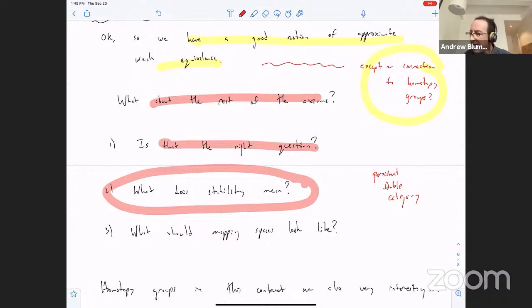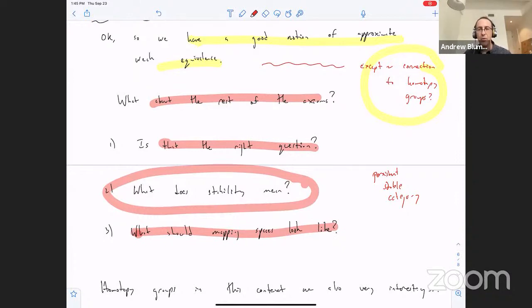And a last question of this form is: what should mapping spaces look like? One of the big ideas, which in some sense goes back a long way in algebraic topology, but in the abstract context was really intensively studied by Dwyer-Kan, and is certainly at the core of modern work on infinity categories, is that you want to think about your topology and your homotopy theory as encoded in mapping spaces.